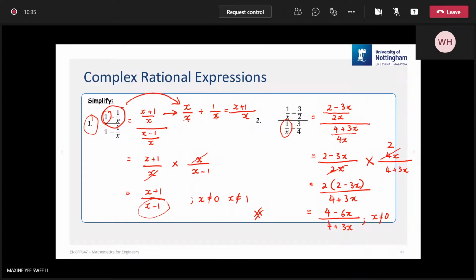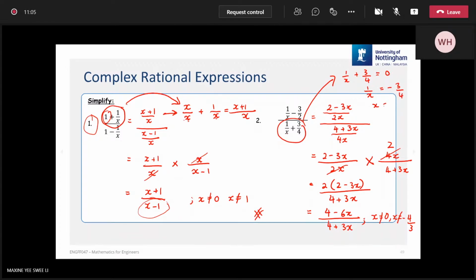Any more? Negative 4 over 3. Yes, x cannot be equal to negative 4 over 3. How do we get this? So again, you take a look at this part here. 1 over x plus 3 over 4, if it is equal to 0, so 1 over x equals negative 3 over 4.